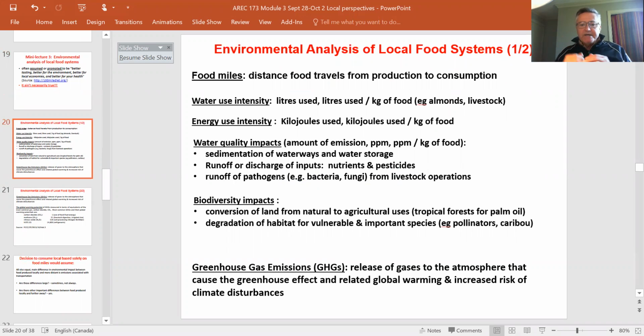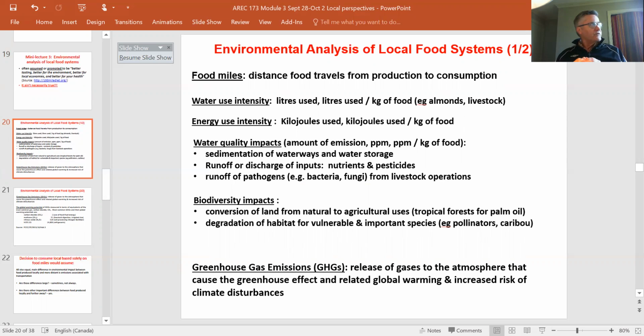So how would we decide what was good or bad for the environment? Here are some measures we can use. We can think about the environment in terms of food miles. In that localized shelf label that I showed you, there was a food miles figure of 96 miles that the food had traveled from where it's produced to where it's consumed. We might just assume that the lower the food miles, the lower the environmental impact.